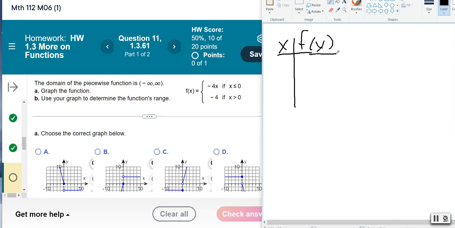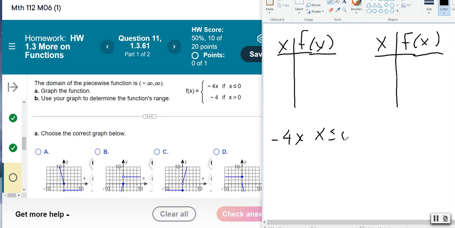Remember, f of x and y are the same thing. And you're going to do this for each piece, okay? Negative 4x is for x less than or equal to 0. And negative 4 is for all x's greater than 0.